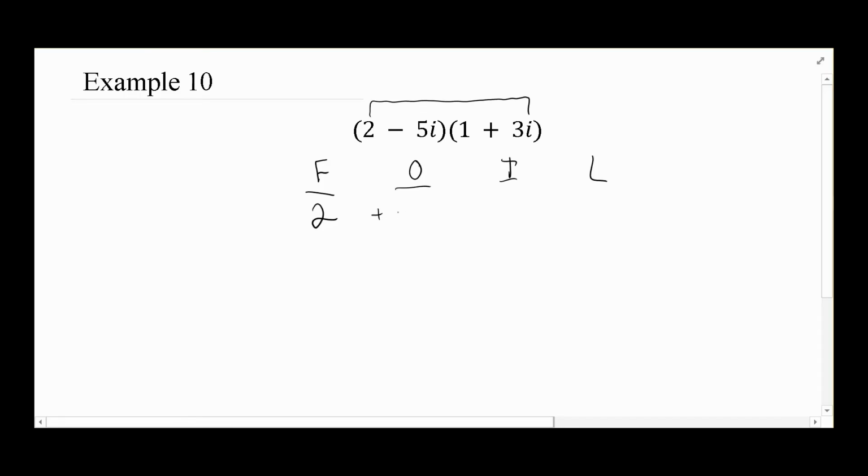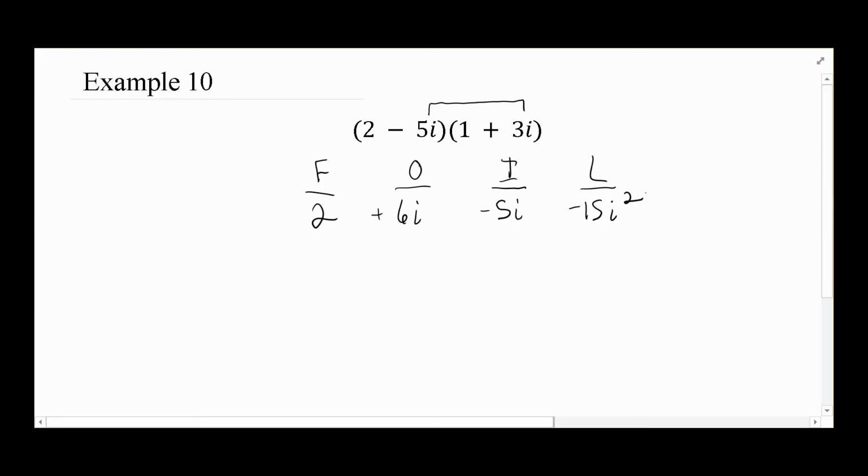So that gets us plus 6i. The I, or the inside or inner, is negative 5i times 1 to get negative 5i. And then our L, our last, is negative 5i times 3i to get negative 15i squared.